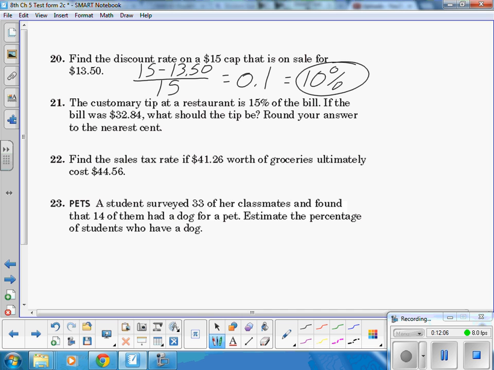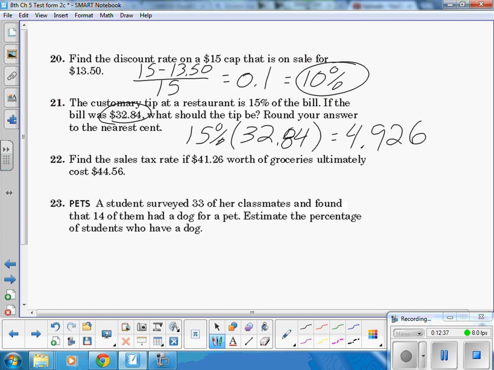Number 21, the customary tip at a restaurant is 15%. If the bill was $32.84, what will the tip be? Percent times whole is how we're going to find the problem. So you go 0.15 times 32.84, and that gives you 4.926.